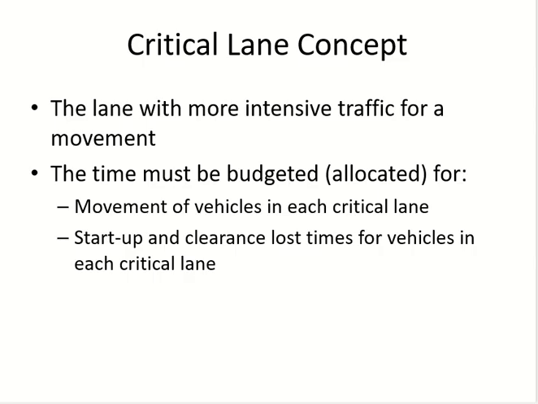So when you do the signal design process, when you are dealing with the phases, you found the cycle length. Now you are looking to divide the cycle length into different phases, different directions. So in each direction, for each phase, there should be one critical lane. You cannot design for multiple lanes at the same time. So there is one critical lane, and that critical lane is the one which needs more time.